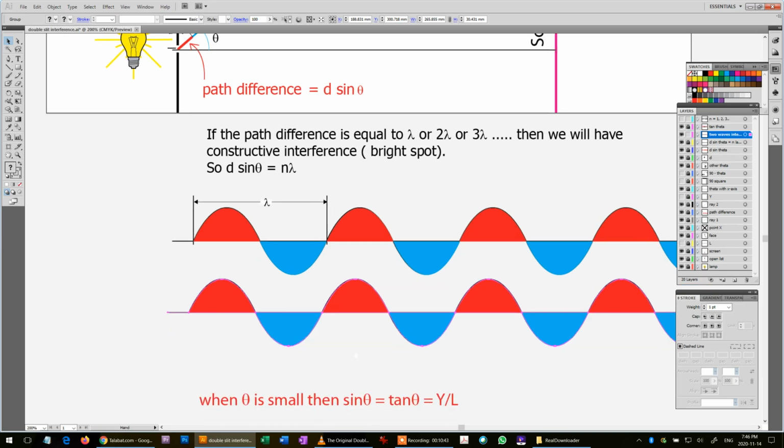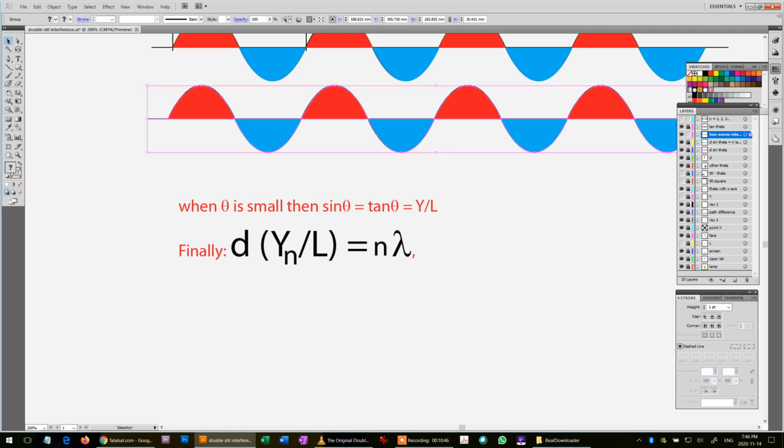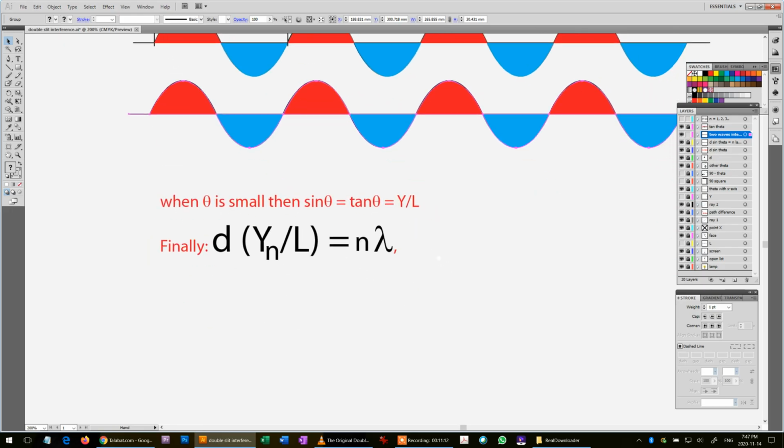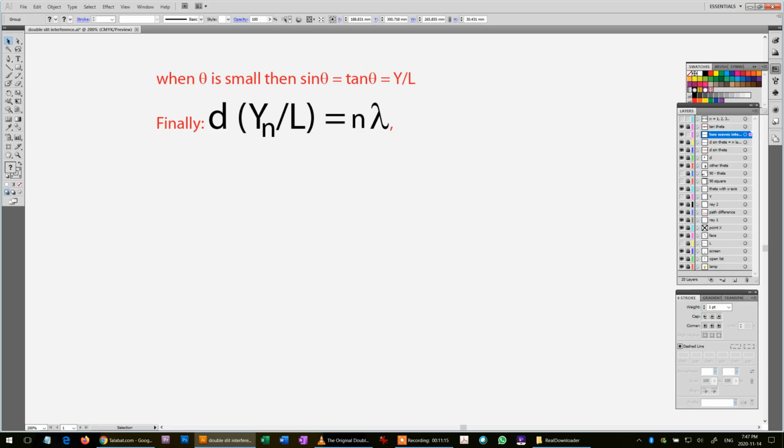So let's move down and see. Our equation here at the top is d sine theta equals n lambda. Here, when theta is small, then sine theta is equal to tan theta, and tan theta is nothing but y over L. So finally, we come to the equation that will apply to our experiment.